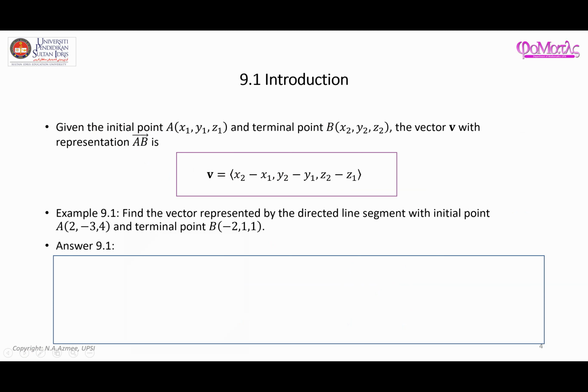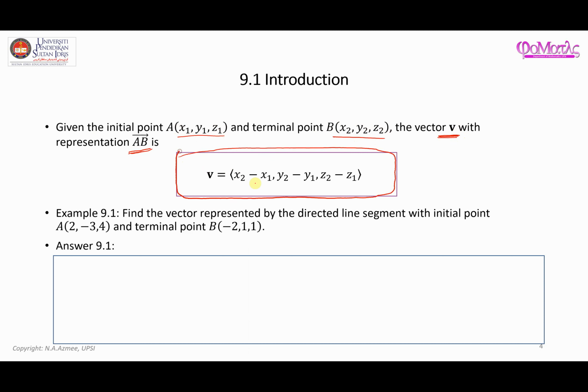Okay, given the initial point, so A is the point at coordinate x1, y1, and z1, and the terminal point, which is at this coordinate x2, y2, and z2. The vector V here is a vector with representation AB, as such can be represented using this formula here.